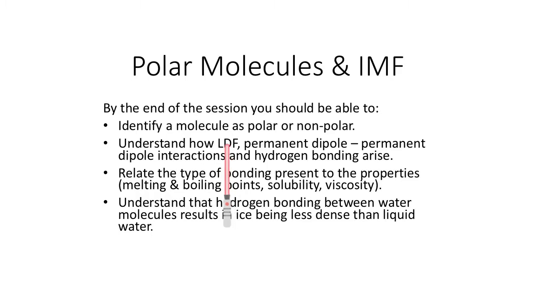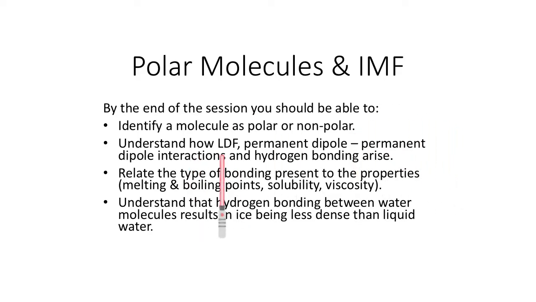London dispersion forces arise because of the random movement of electrons. More electrons in an atom or molecule, you'll have stronger London dispersion forces between the molecules, between the atoms, and that gives rise to higher melting and boiling points the more electrons there are. Permanent dipole interactions, that's when we have a polar molecule and we have a fixed charge difference across the molecule.